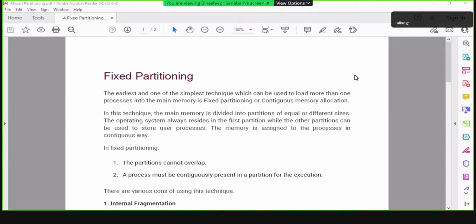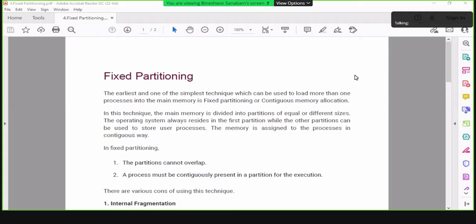All we have to know is that in fixed partitioning, we partition the memory in a fixed manner before starting the processing of the process. The partitions may be of equal or different sizes.